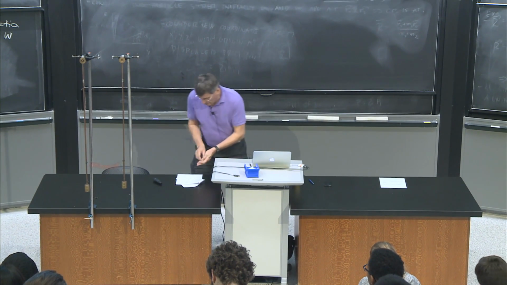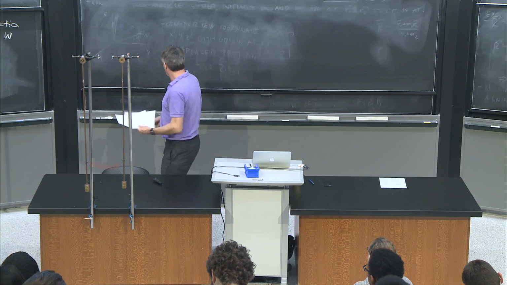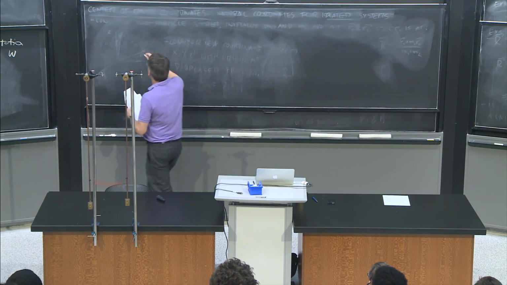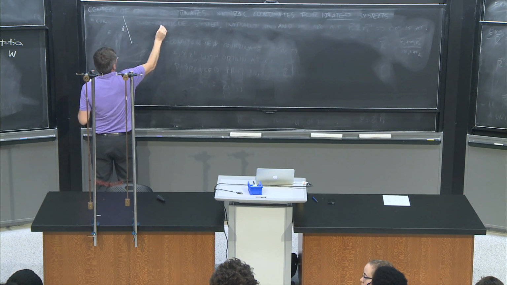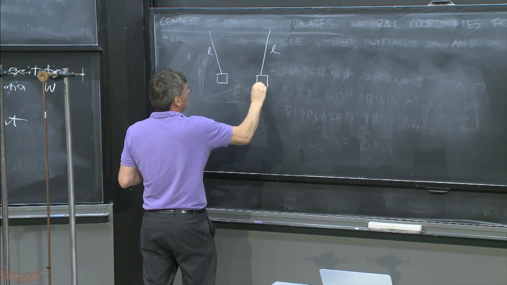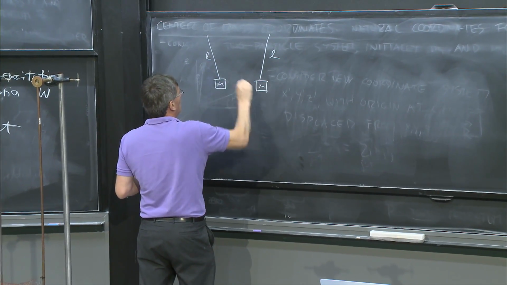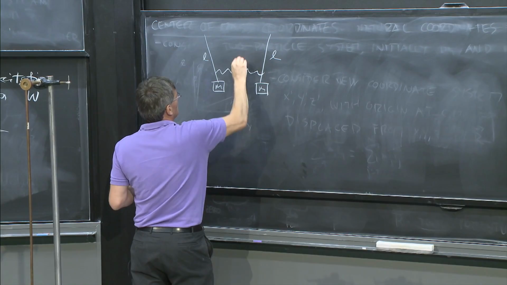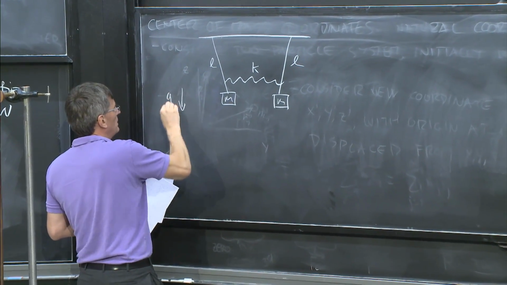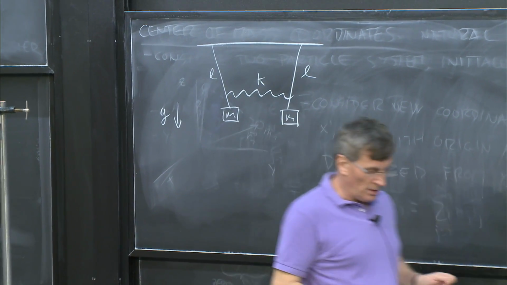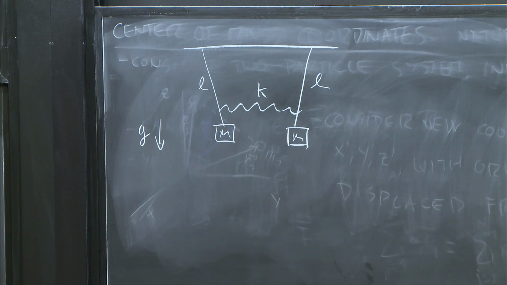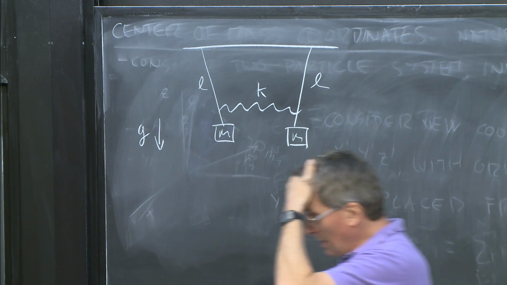Let's just start working on the example. As a reminder, this is our system, the pendula of some length L. There are two identical masses, M. There is a spring of constant K. For simplicity, we assume that we are all in Earth's gravitational field, so we don't have to worry about traveling to Jupiter or the moon.